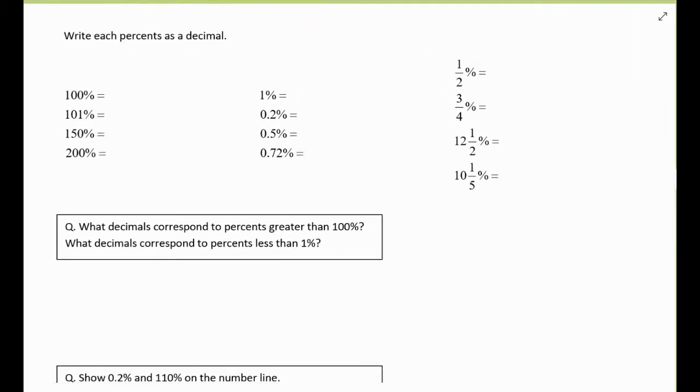Okay, we're going to practice writing each percent as a decimal. 100%. Remove the percent sign, move the decimal, it becomes 1. 101%, 1.01. 150%, 1.50. You can omit the 0 below the decimal place. 200%, 2.00.